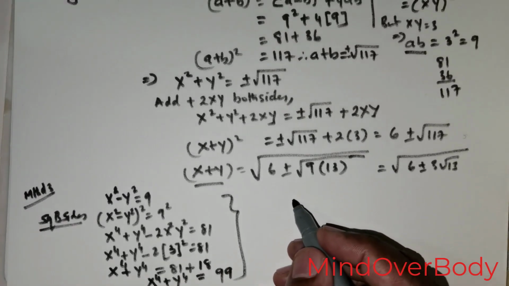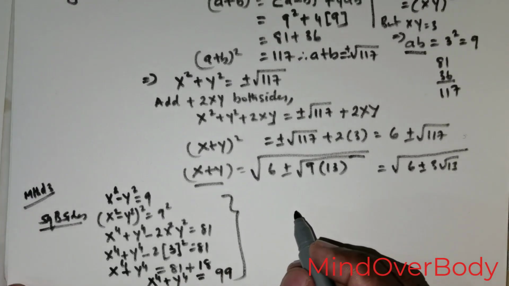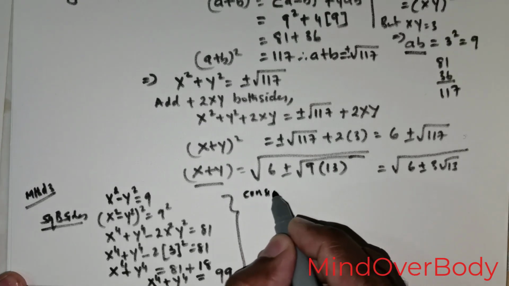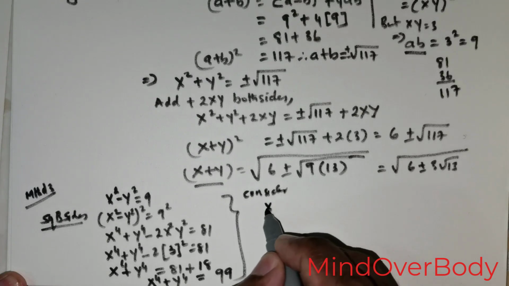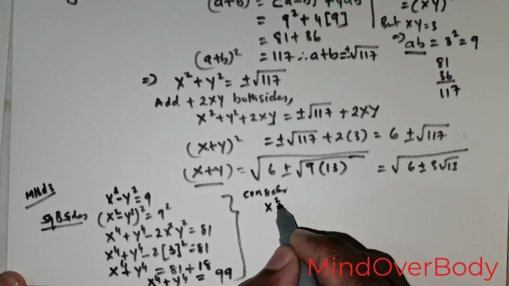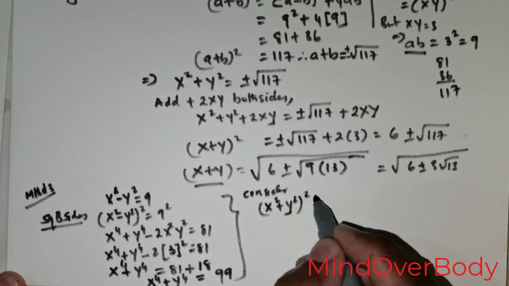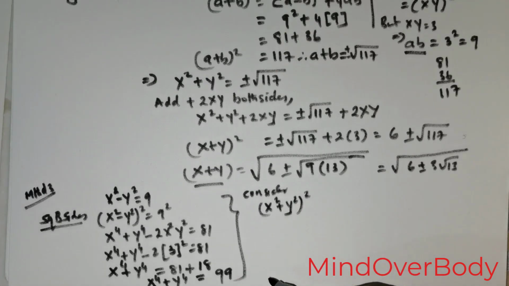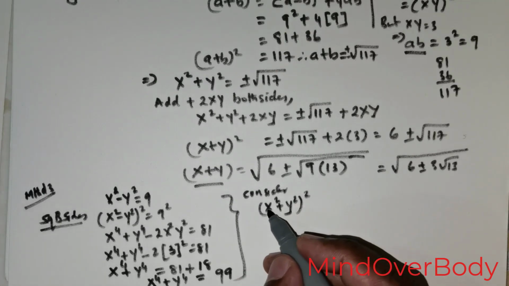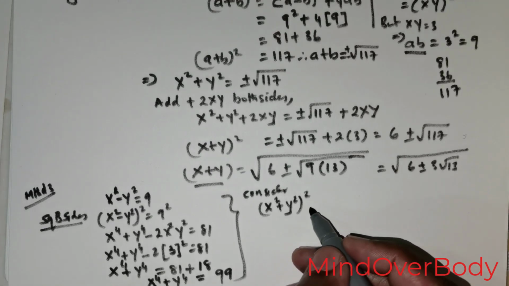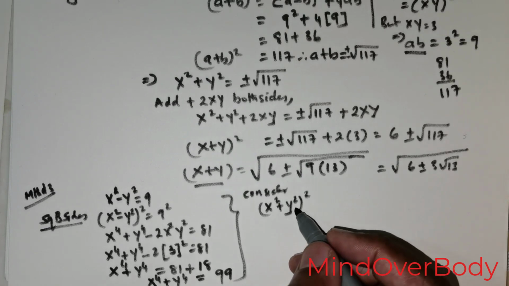So now what I'm going to do is consider x squared positive y squared raised to the power 2. Now if I were to expand this, it is going to give me x to the power 4 plus y to the power 4 plus 2 times x squared y squared.